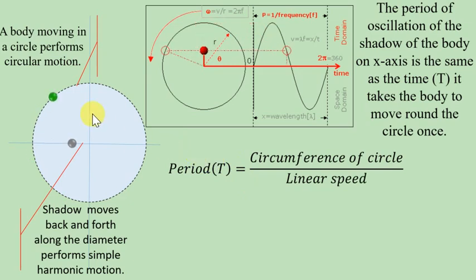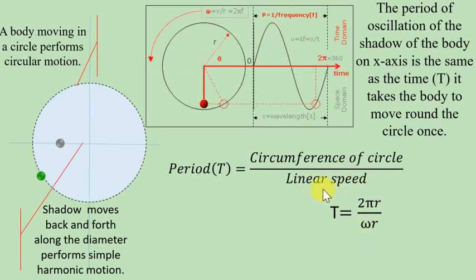Now, using the movement around the circle, the period will give us the circumference of the circle over the linear speed, the speed at which the particle moves around the circle. If we divide the circumference of the circle by the speed, we have the period of oscillation. Going further, the circumference is given by 2 pi r, while the linear speed is given by omega r.